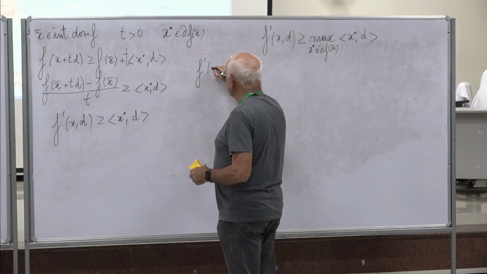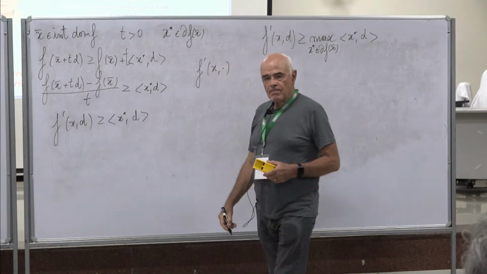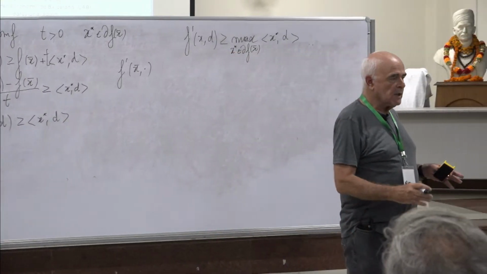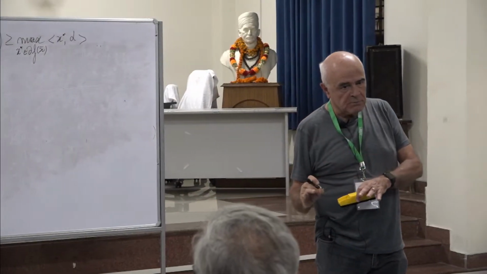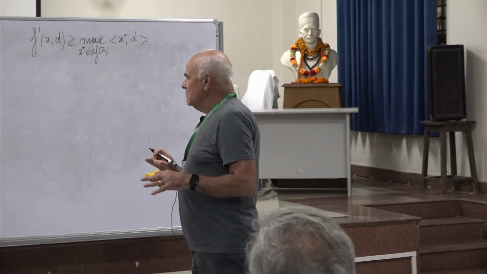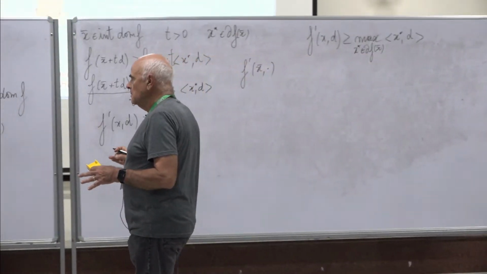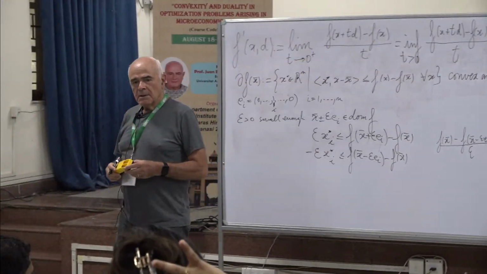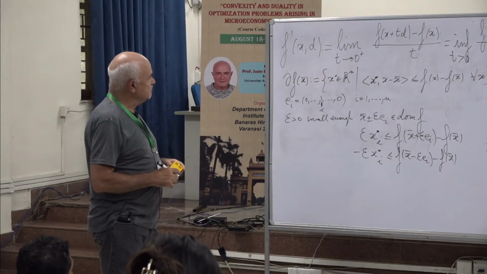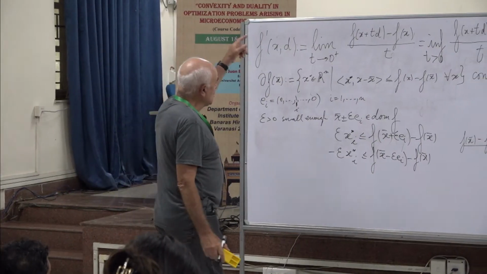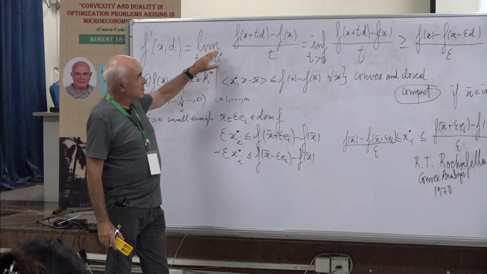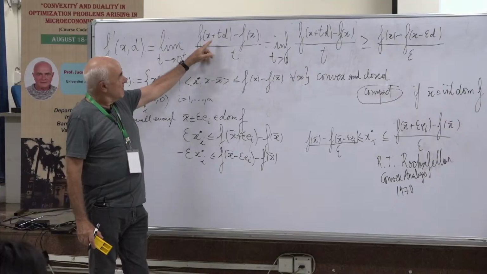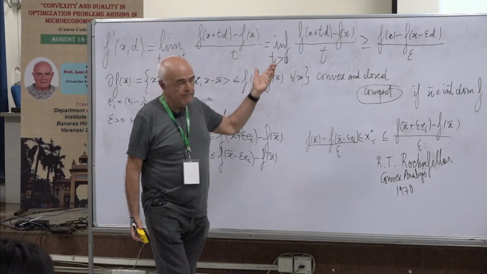Consider this function. We are fixing x bar, and I look at this function as a function of the direction. It's very easy to see, using the definition of the directional derivative, that this function is convex as a function of d. Well, just look at this expression. This is clearly convex as a function of d, and then we take the limit, so it's convex.